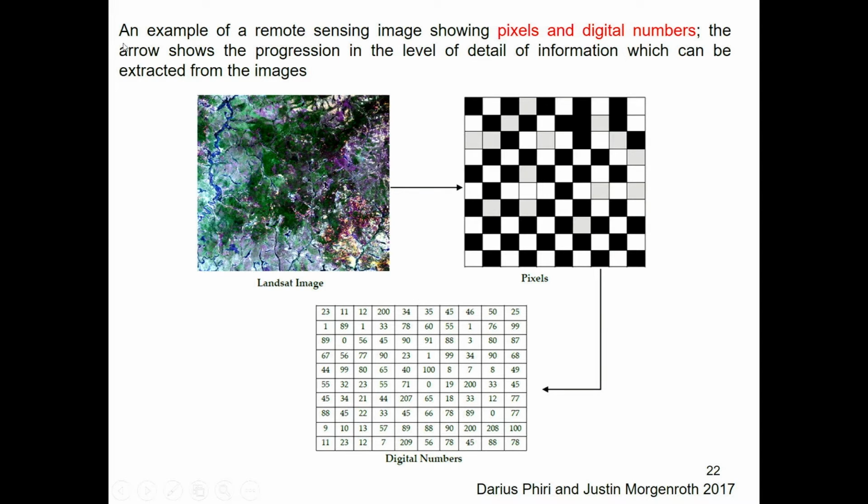This is an example. Did you see? This is a satellite image, called a Landsat image. If you zoom in to the image, you will get pixels inside, and each pixel has a digital number.